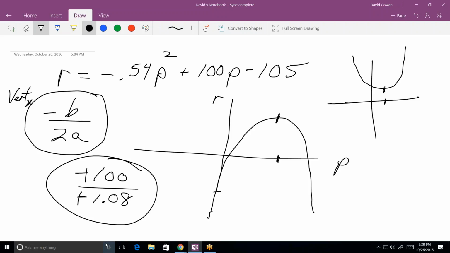Now, if they said to you, how many pounds should he make? I'm a little confused here. When you read the problem, you said that his revenue changed by how much he charged.